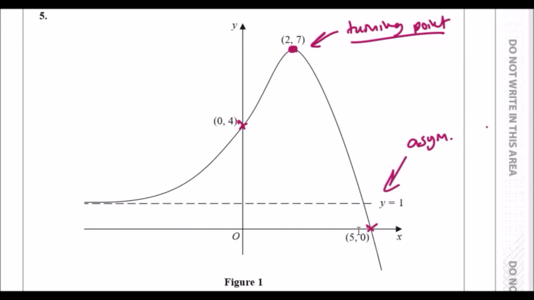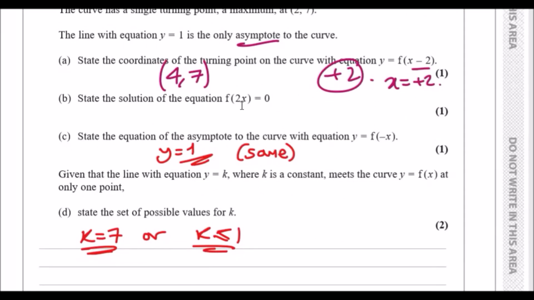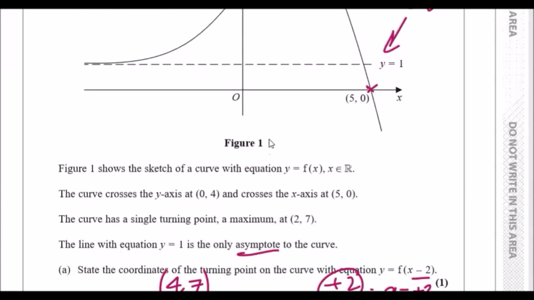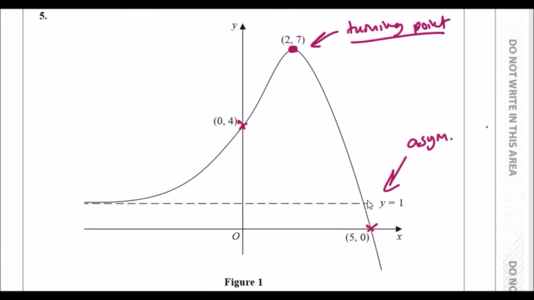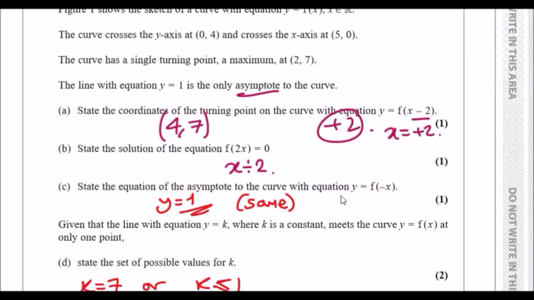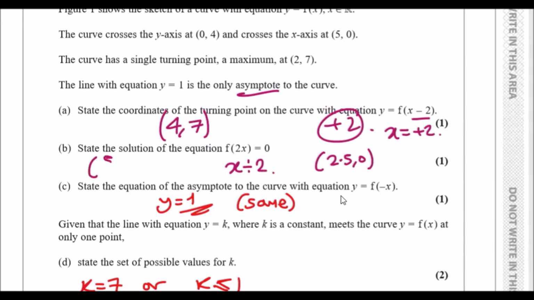And 2x, just like the previous one, means you don't double the x coordinates, in this case you halve them. So all the x values are halved. The only time it hits the x-axis is at (5, 0), so half of 5 is 2.5. So that's our answer: 2.5, or you can also write 5/2, both are fine.